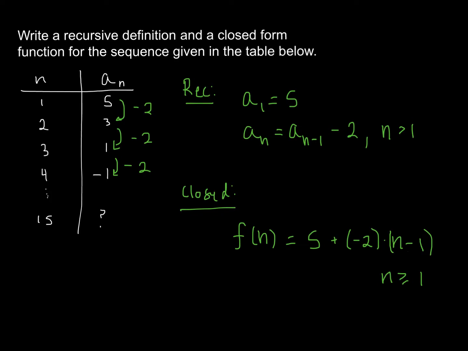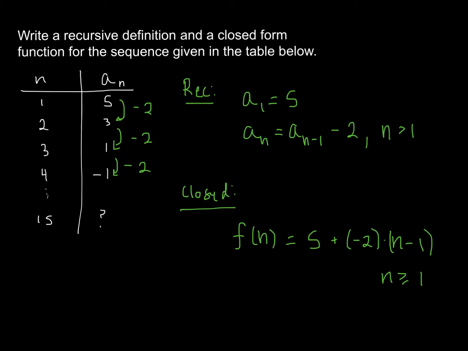For the closed formula, what I want to do is say, okay, look, I'm starting with 5, and each step of the way I'm subtracting 2. And so the question is, how many 2's am I subtracting? Well, the first term, when n is 1, I don't want to subtract any 2's from 5. So I want to have n minus 1 be the number of 2's I'm subtracting, because when n is 1, I don't want to have any of them.